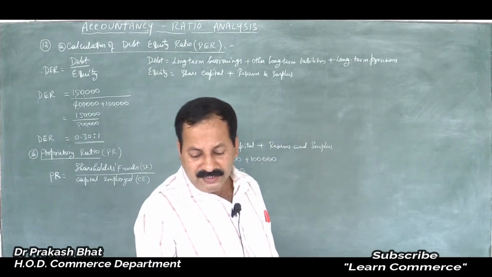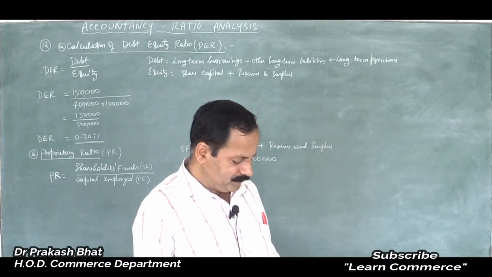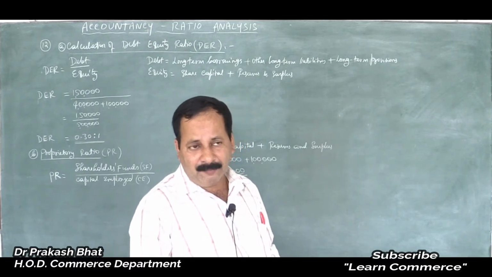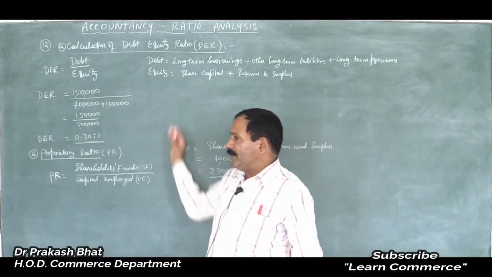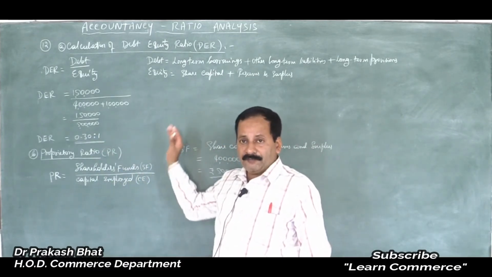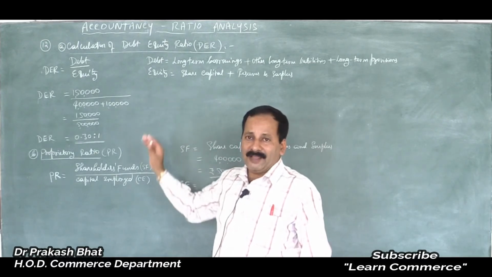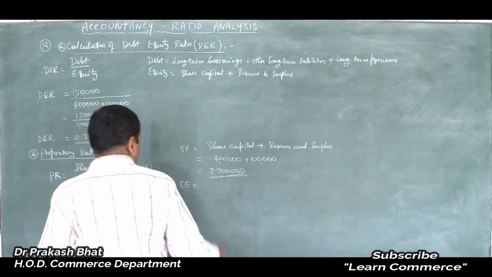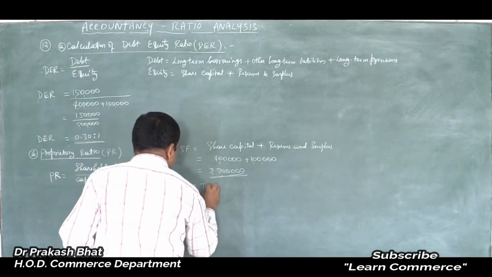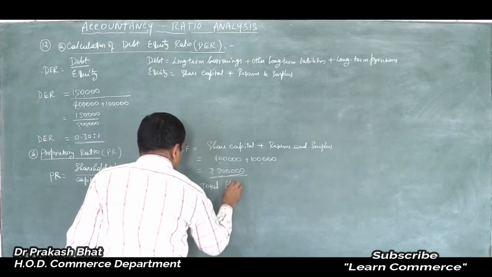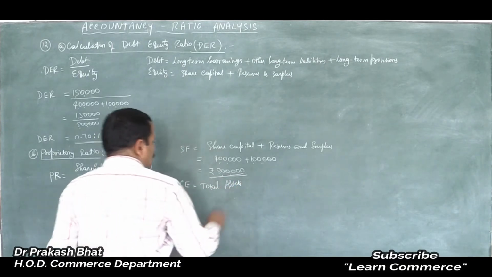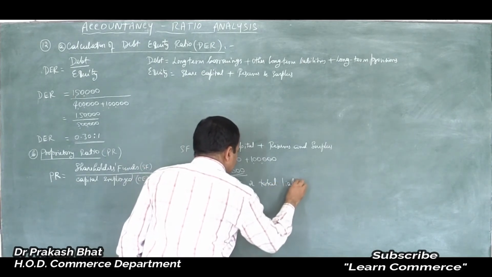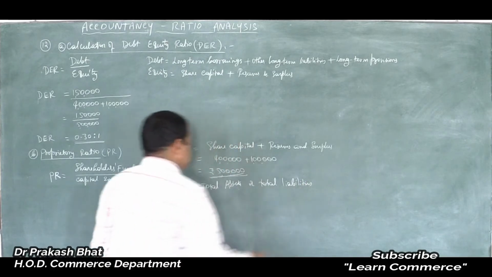Capital employed means total amount invested, that is total of assets or total of liabilities. Total of assets and total of liabilities is nothing but capital employed. So capital employed is equal to total assets, or total liabilities, because total assets is equal to total liabilities.